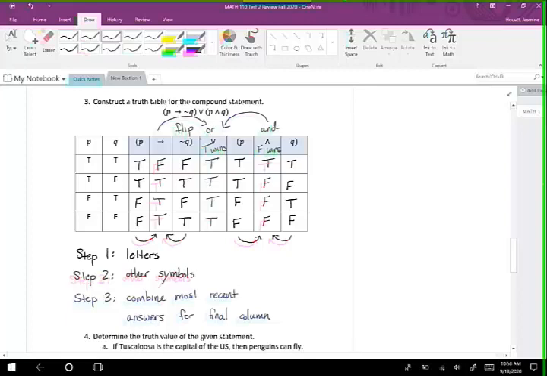And so the final column, which is the overall value of the truth statement, is actually just all T's. Okay, so that's an example of filling in a truth table in that step-by-step process. I think one of the hardest things is just figuring out which columns combine into your current column.